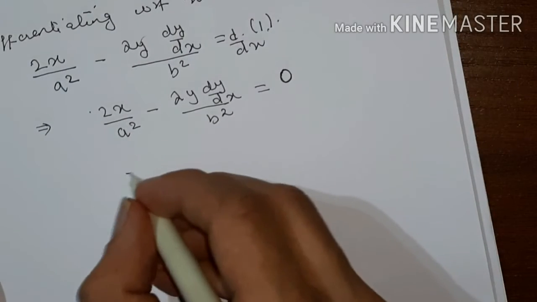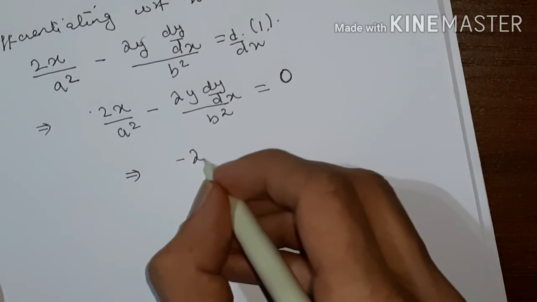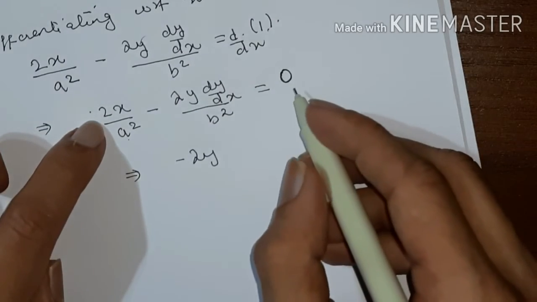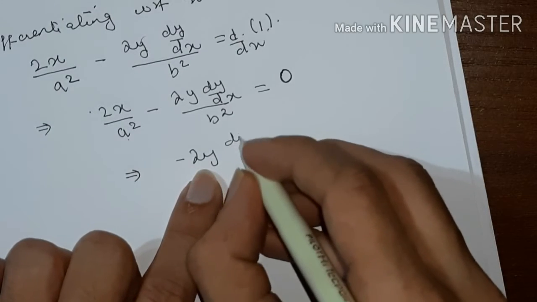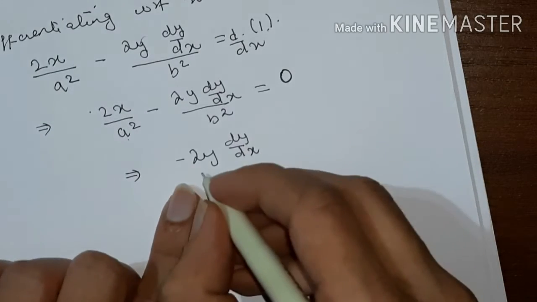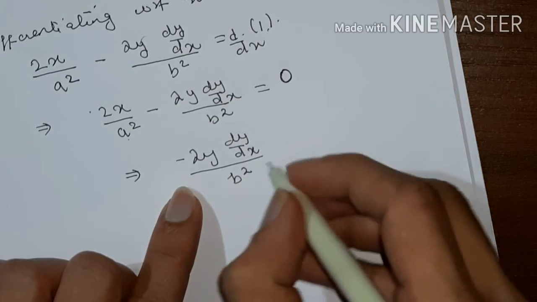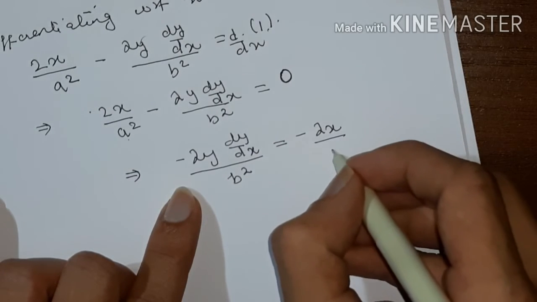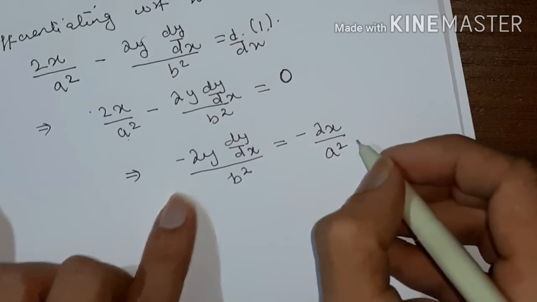Okay. So that means if you take 2x divided by a square to the other side, you will get minus 2y dy by dx divided by b square equal to minus 2x divided by a square.